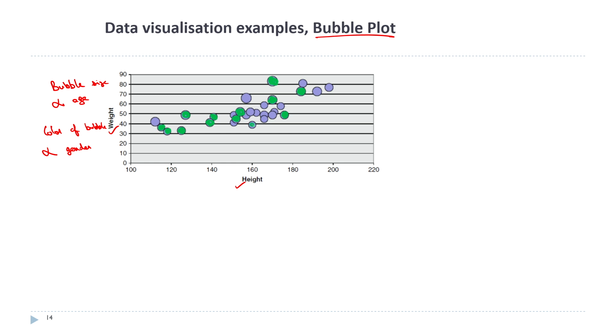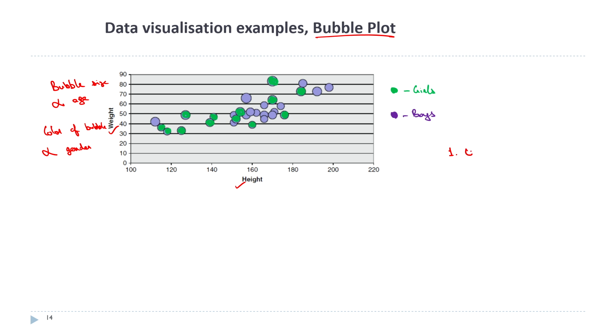This is just for an example, because the girls are considered to be of lower weight and the height might also be lower. So, there are 1, 2, 3, 4, 5, 6, 7, 8, 9, 10, 11, 12, 13. So, here green color I can put a key, green color are girls and the purple color are boys.